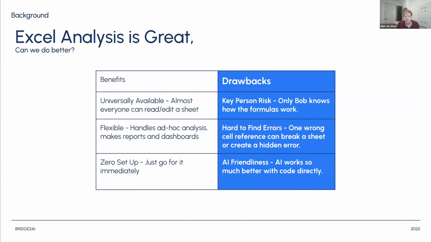And it tends to not be as AI friendly as code, although I think Copilot is starting to get much better at Excel as well. So maybe that's a little out of date, and AI and Excel are going to be working together much more in the future. So it's not going anywhere, but I want to show essentially an alternative solution to this and a practical use case.